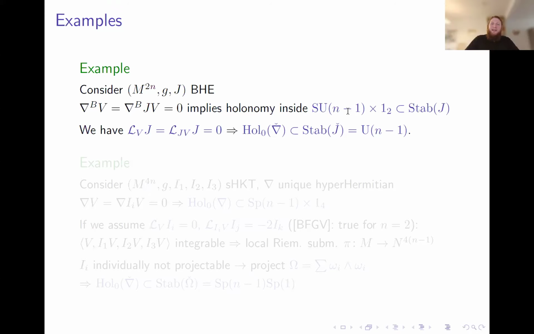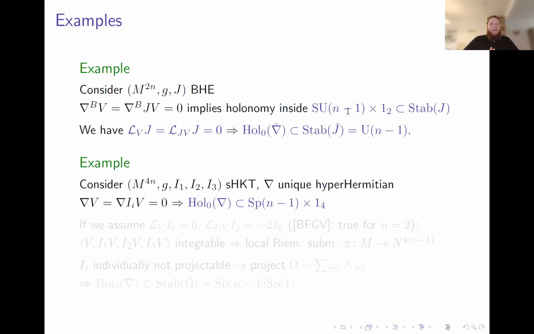Okay, let's go to the second example, where we basically see a similar story. So suppose we have a strong hyperkähler with torsion geometry. Then it turns out we have this unique hyperhermitian connection. So it preserves all of the complex structures I1, I2, I3, and the metric.